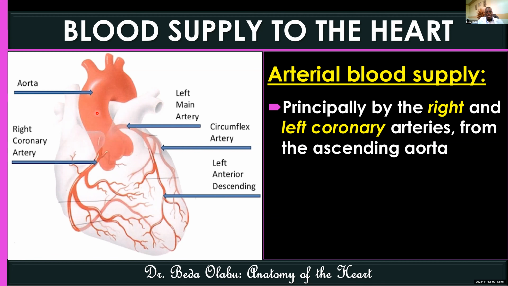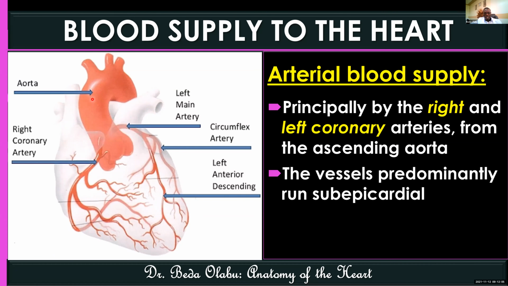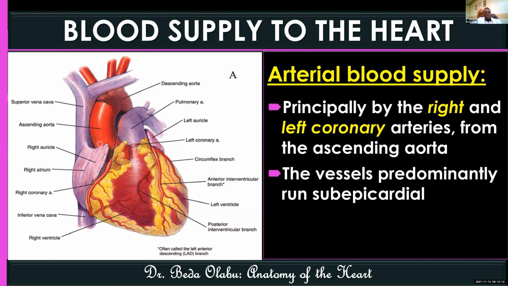The ascending aorta is the part of the aorta going up from the heart. These vessels largely run between the pericardium and the myocardium. That's what we call the subepicardial zone. Maybe in these images, we see the vessels there, right coronary, left coronary. The vessels run in the subepicardial zone.